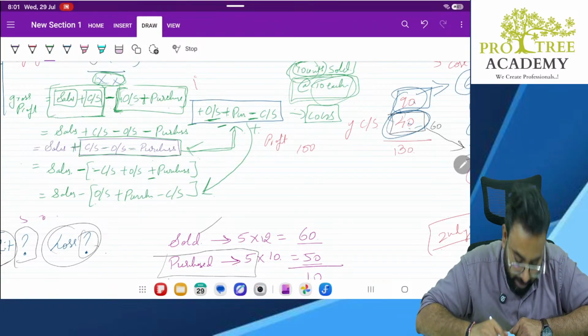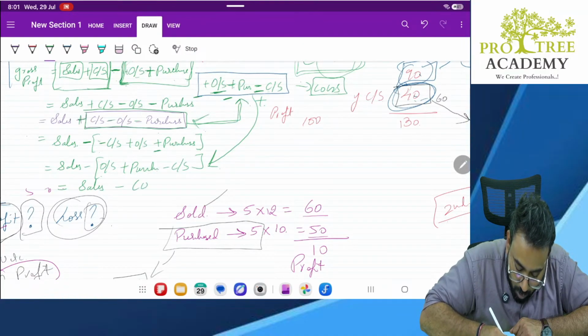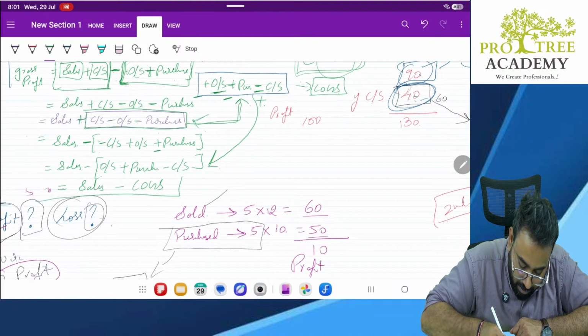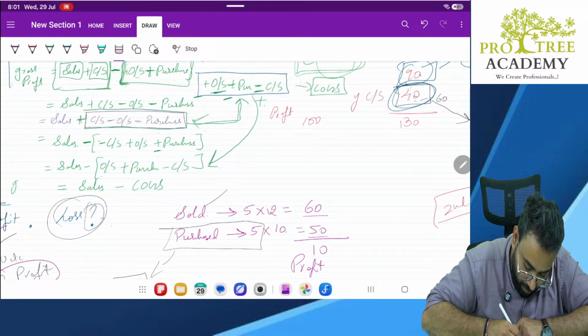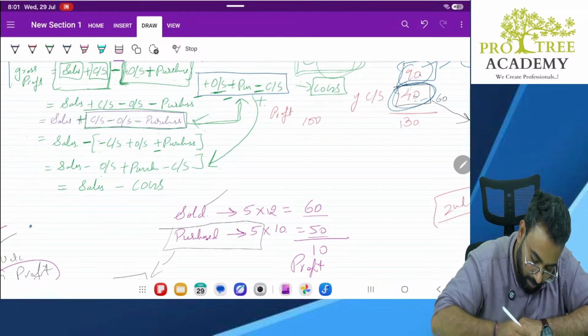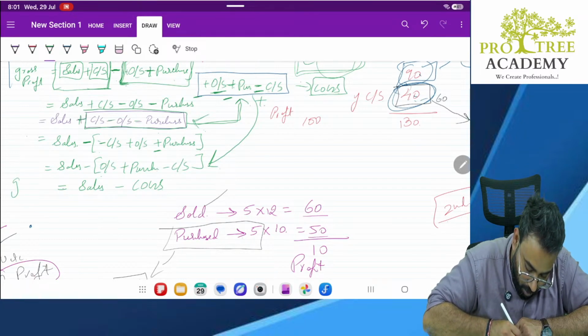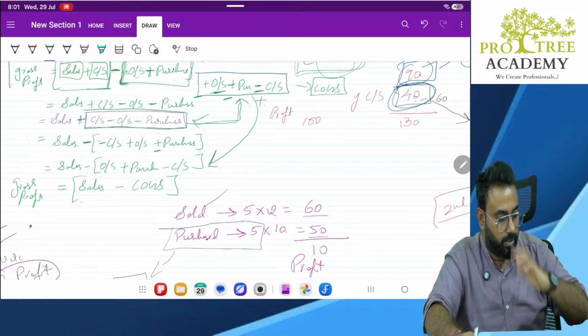Yes or no? Yes. So, in other words, gross profit can also be said as sales minus cost of goods sold. Can we say this? Gross profit can also be told as sales minus COGS.